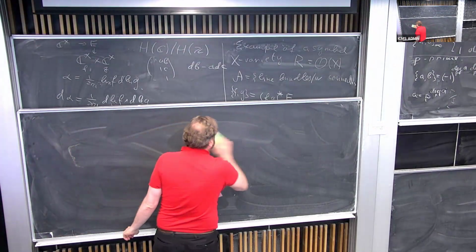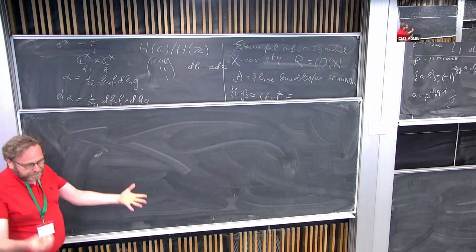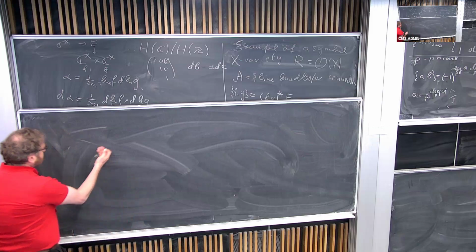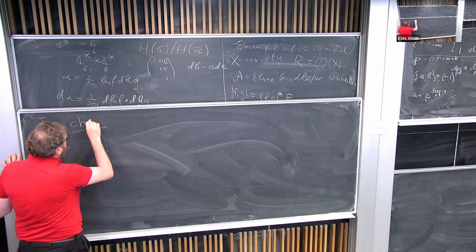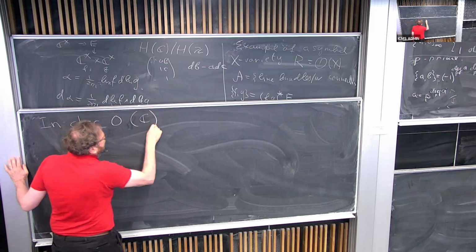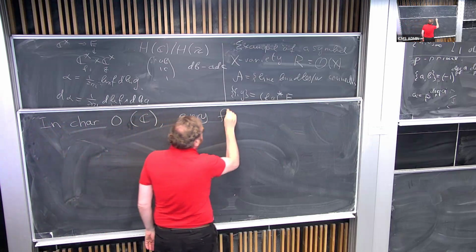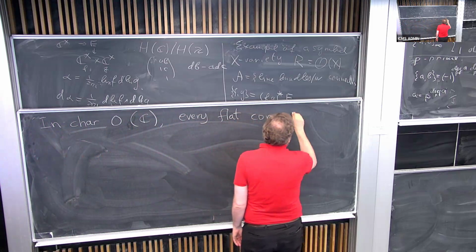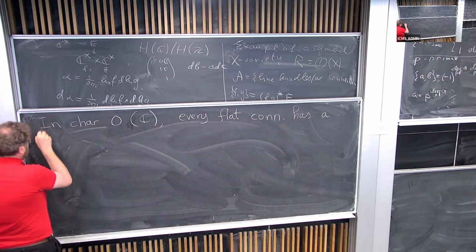Now I want to talk about equations in characteristic p and later reductions of the previous equations from complex numbers to characteristic p. So in characteristic 0 over C, every flat connection has a fundamental system of flat sections locally.